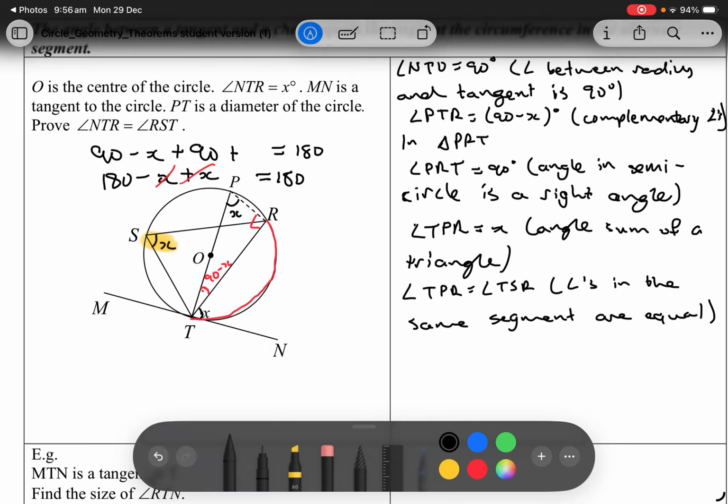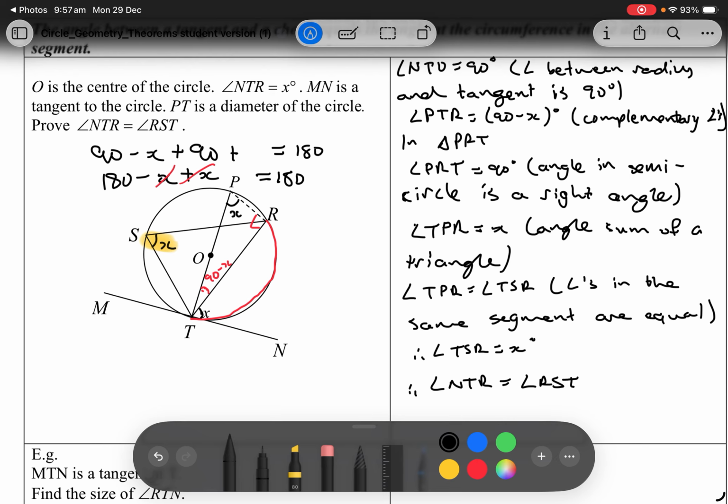Now, since those two are equal, we also know that that equals our angle NTR at the start. But I'm just going to say, therefore, TSR equals x degrees. And finally, therefore, NTR equals RST.